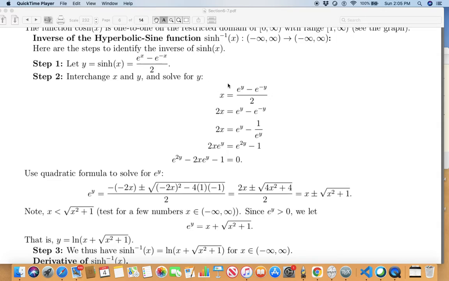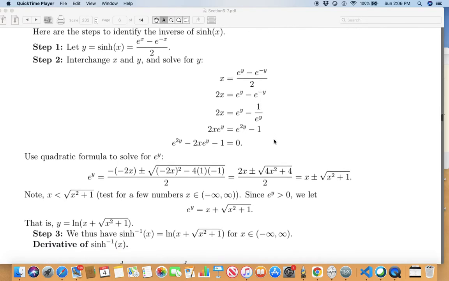So where I see y, I'll place x, where I see x, I'll place y. So x is e raised to y minus e raised to negative y, whole over 2. Cross multiply, 2x is e raised to y minus e raised to negative y. 2x equals e raised to y minus, this is nothing but 1 over e raised to y.